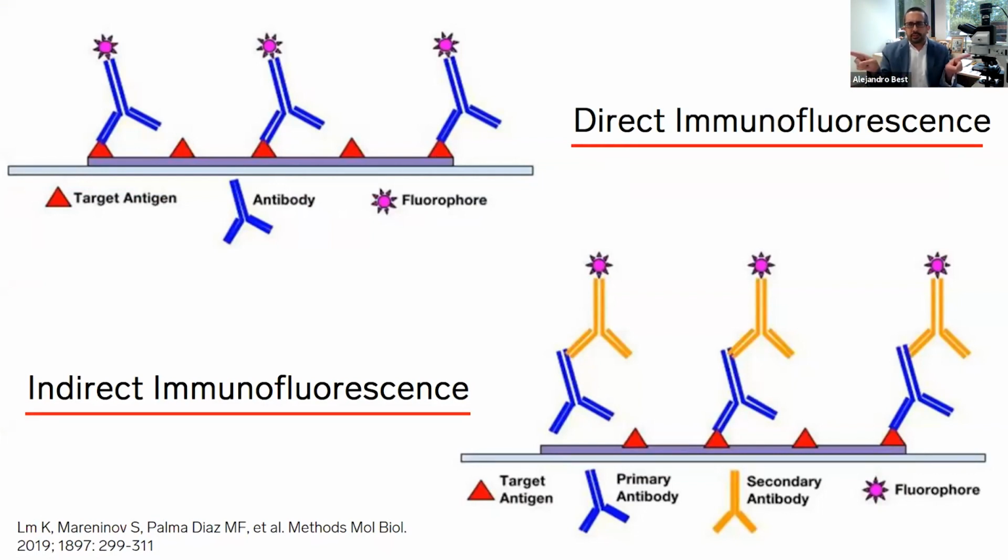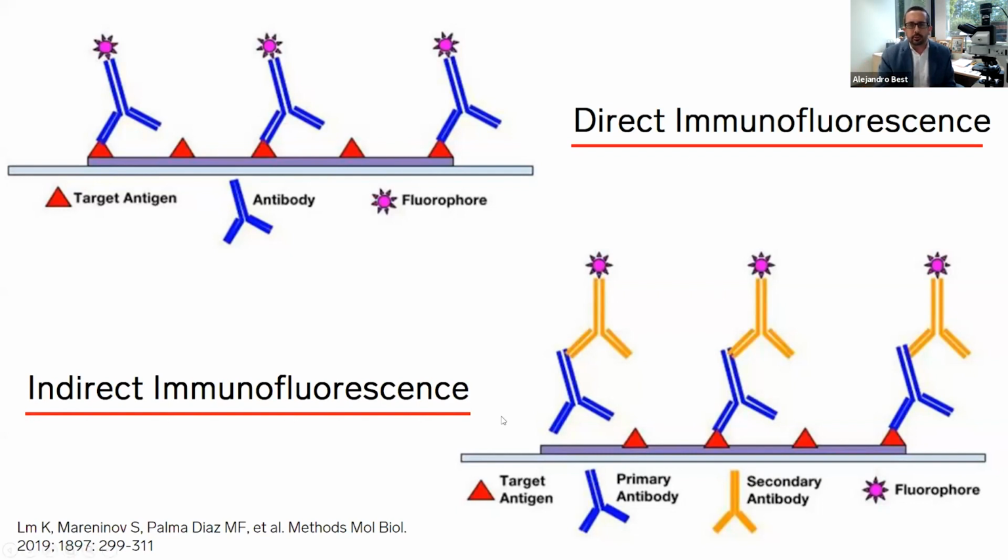There are 2 different ways you can do immunofluorescence, and really the main concept, the principle, is the same. You're basically applying an antibody to the tissue that is specific for the target of interest. Where the difference occurs is you can have that primary antibody, the one that has specificity for your antigen of interest, tagged with a fluorophore, which under fluorescent light lets you identify if the target is present or absent, or where it's present.